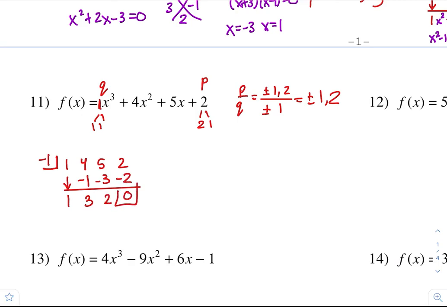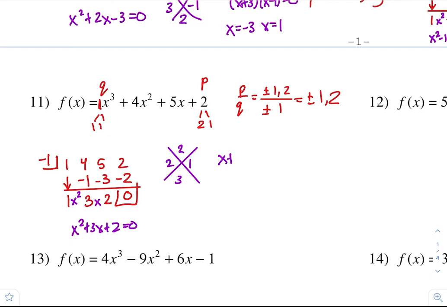Oh, that worked. And remember, this has a degree of 3, so this one is 1 less than that: x to the second, x to the first, x to the 0. And what do you know, we have a quadratic, a degree of 2, so x squared plus 3x plus 2 equals 0. We factor that out, you guys, so 2 and 3, which is 2 and 1.